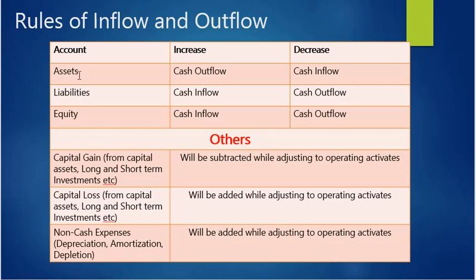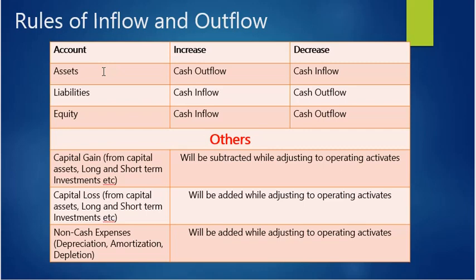So if we are considering assets, if it's a cash outflow, it will be considered an increase. That would be like this: if the assets increase, then that would be considered a cash outflow. Let me give you an example. Let's say I have purchased a land. Previously I had no land.